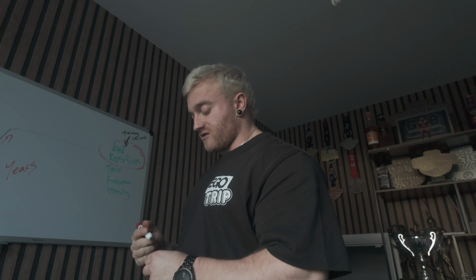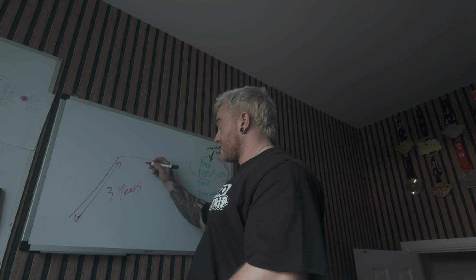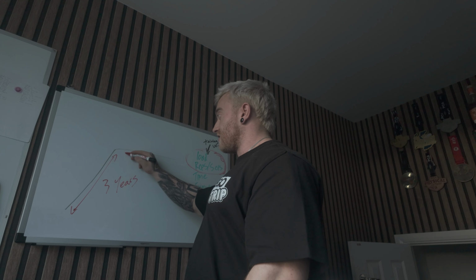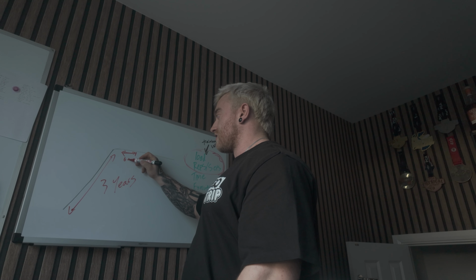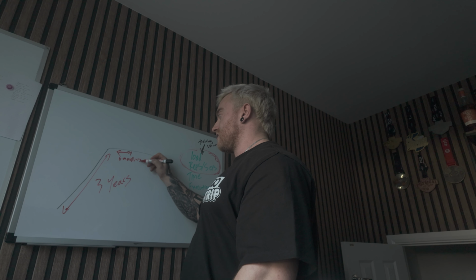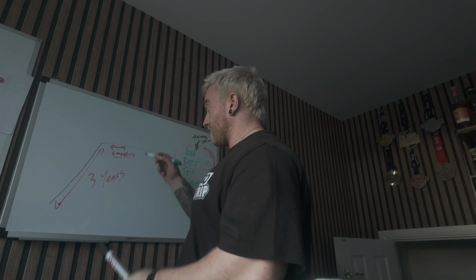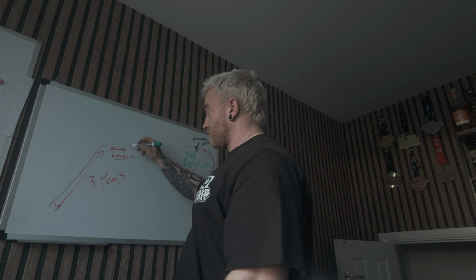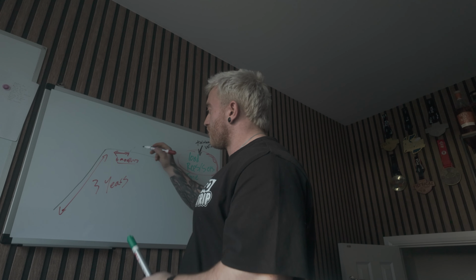Because again, not to overlap from the old video, let's say you're here, in this period, that's 6 months. Nothing's working, you're banging your head off the wall. Time to make some changes.